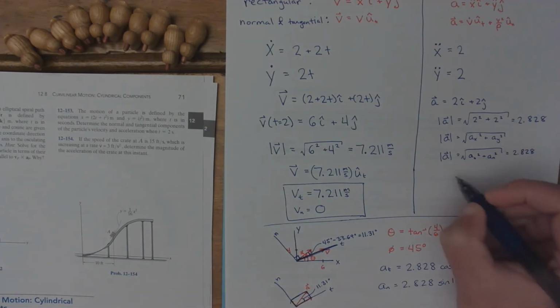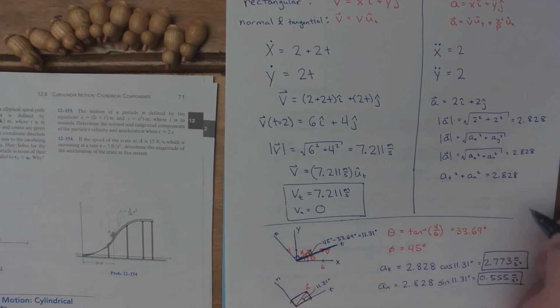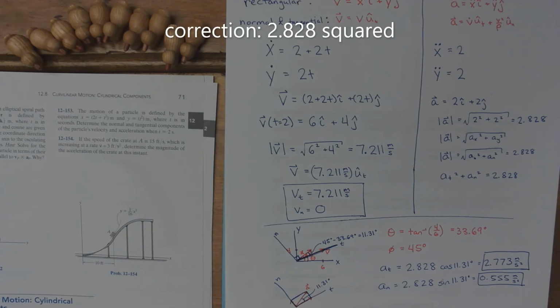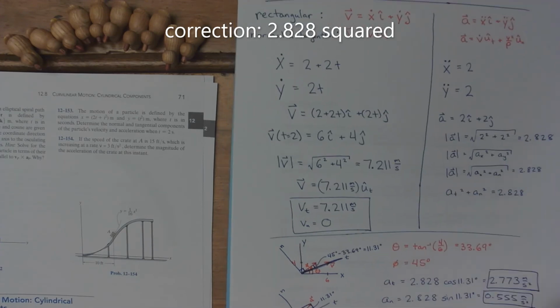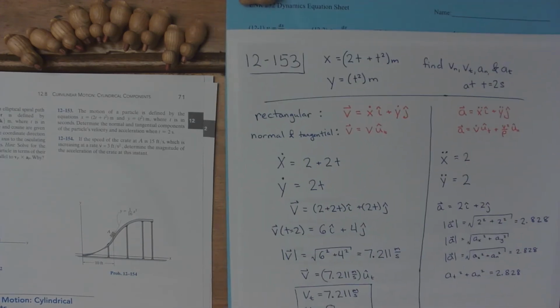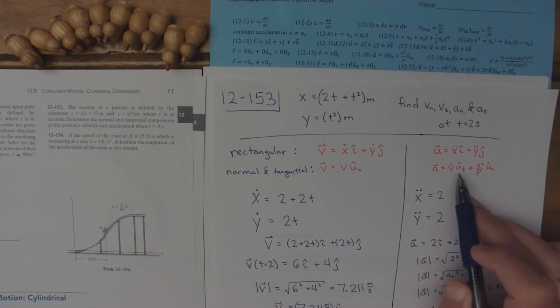Then we can square both sides of the equation, and we can say a_t squared plus the normal component of the acceleration squared is equal to 2.828 squared. Now, if I knew either the tangential component of the acceleration or the normal component of the acceleration, then I could use this equation to find the other component. If I go back to my equation here, the tangential component of the acceleration is v dot, which I can find.